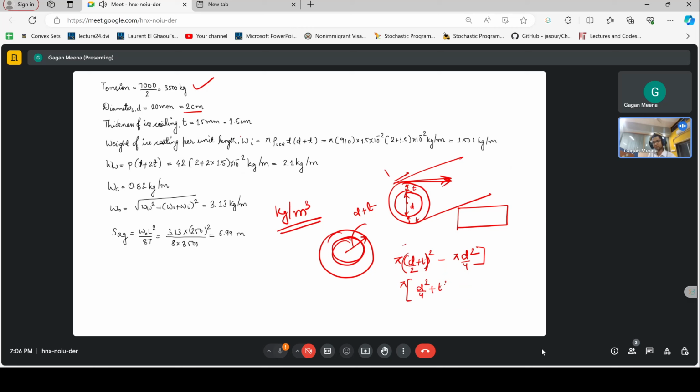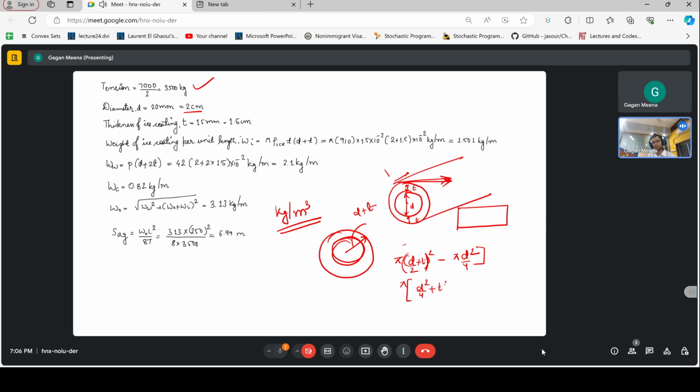Wind loading is also available. So total loading will be this: W0 plus W ice vertically, and this W wind, and this is at angle theta. So we can find omega is the square root of (omega naught plus omega i) square plus omega wind square.